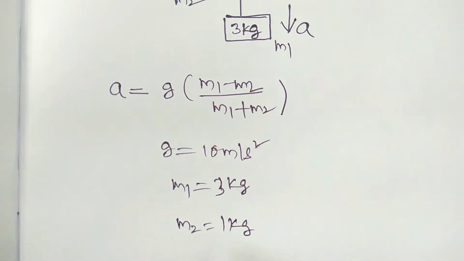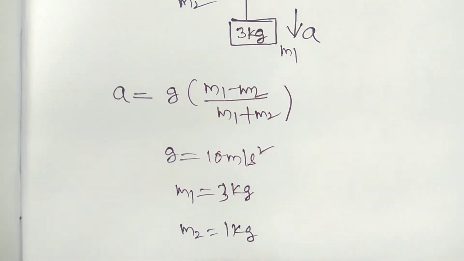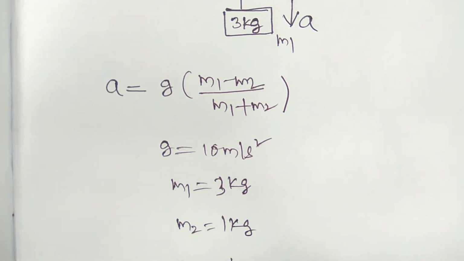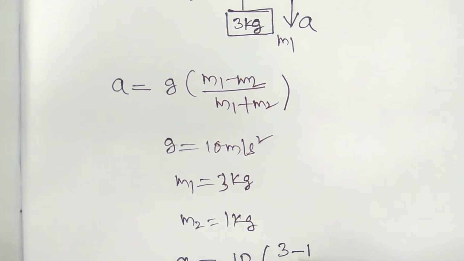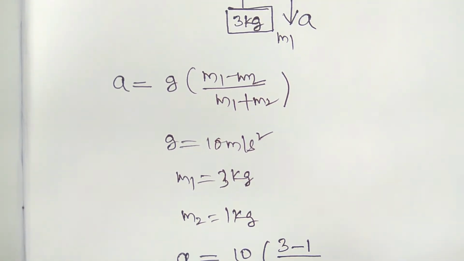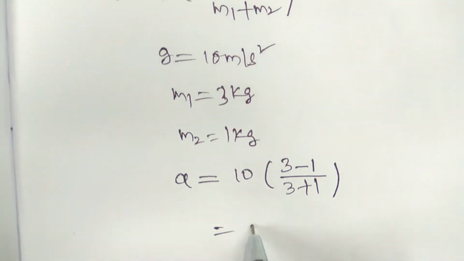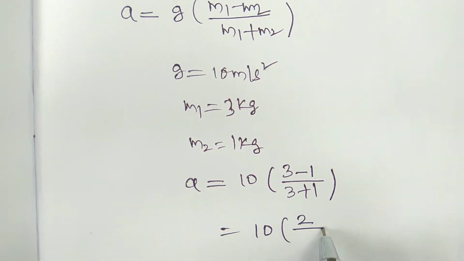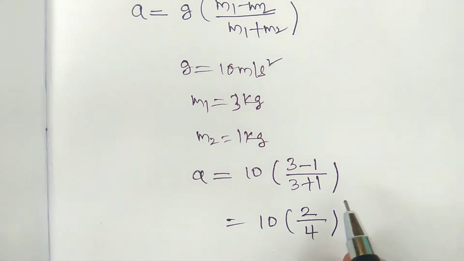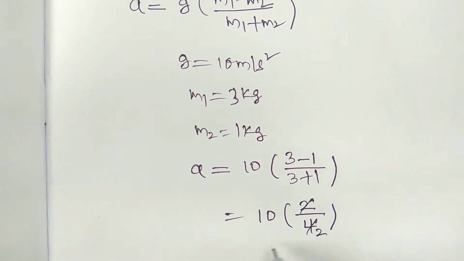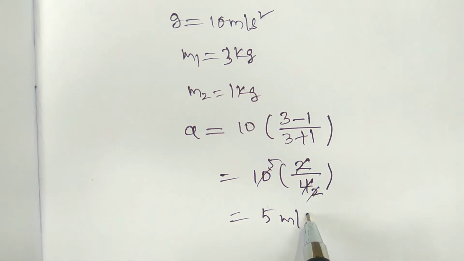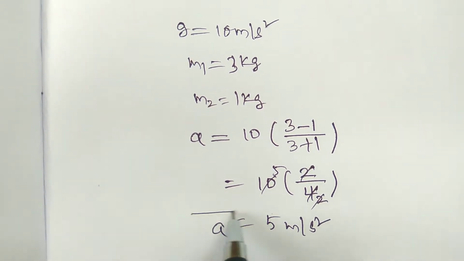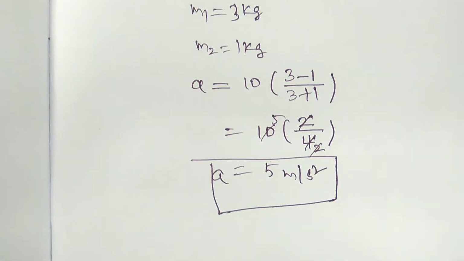Then we substitute all the terms: a = 10 × (3 − 1)/(3 + 1) = 10 × 2/4 = 5 meter per second square. This is the acceleration of the entire system.